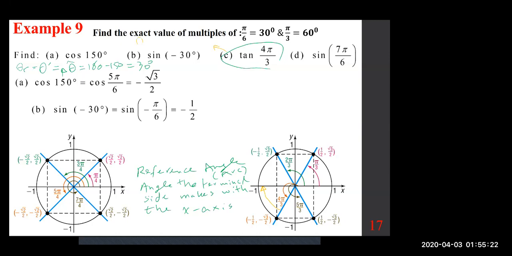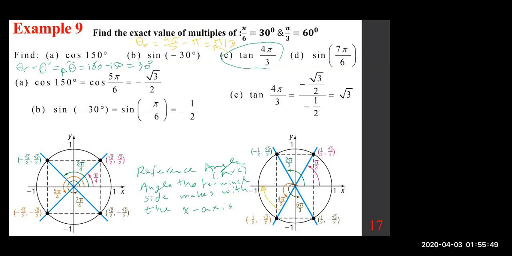So the reference arc would be 4 pi over 3 minus pi. Pi is 3 pi over 3, and it makes it pi over 3. Now, what is tan of pi over 3? It's square root of 3. As far as the quadrant is concerned, tangent in the first quadrant and in the third quadrant is positive. Why is that?